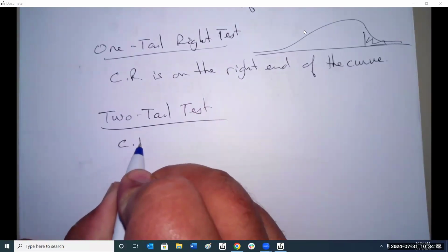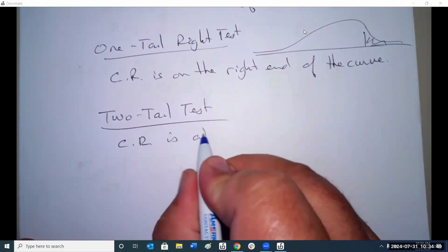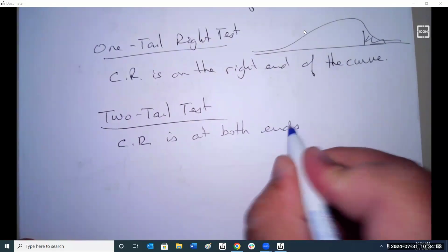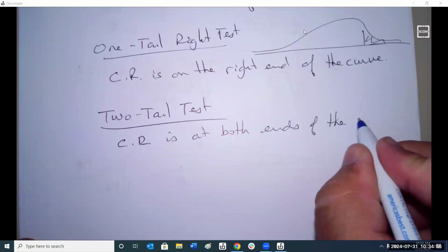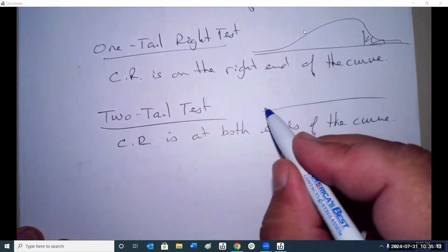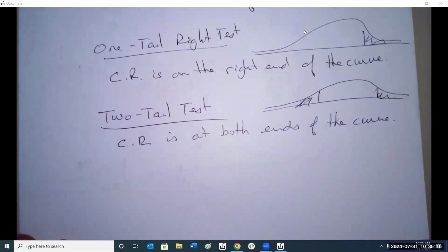The critical region is at both ends of the curve. It's there and there.